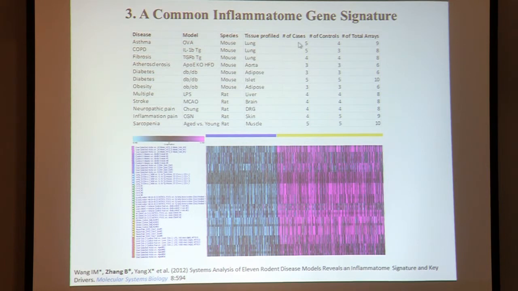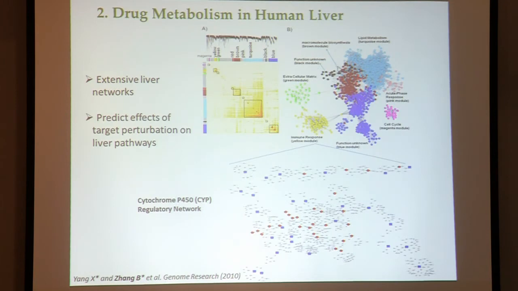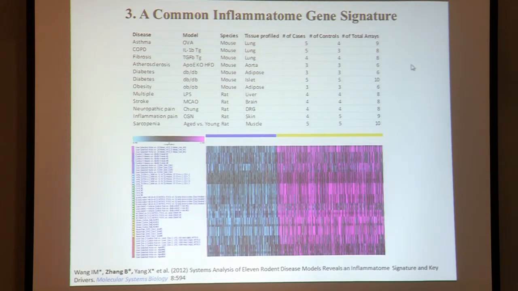For each model, we have both case and control. In this way, we can define signatures across all those mouse models for chronic inflammation diseases, and eventually we identified about 2,500 inflammatory gene signature from those mouse models.